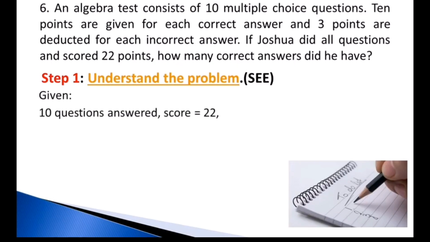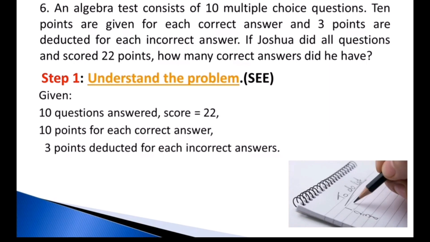Okay, we have our given: 10 questions answered. Score equals 22, 10 points for each correct answer, 3 points deducted for each incorrect answer. So as you can see, you're going to answer all the items, which is 10 questions. And right after everything, the score that you must have is 22, considering that for every correct answer, that is 10 points, an incorrect answer will be deducted from that score, which is 3 points.